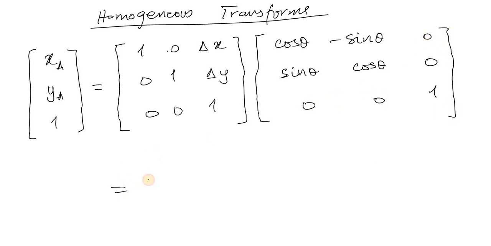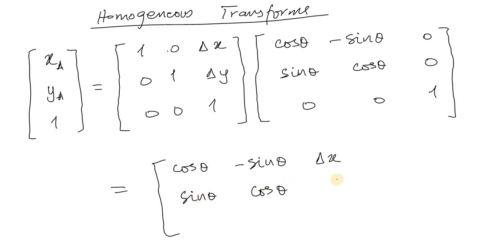When you multiply these two matrices, you get cosine theta, minus sine theta, and delta x, then sine theta, cosine theta, and delta y, and 0, 0, 1.